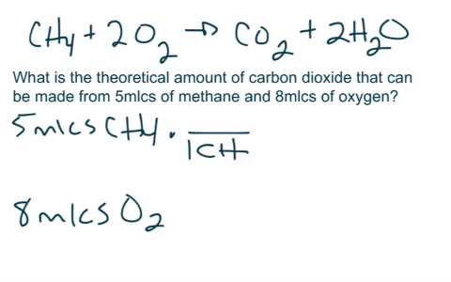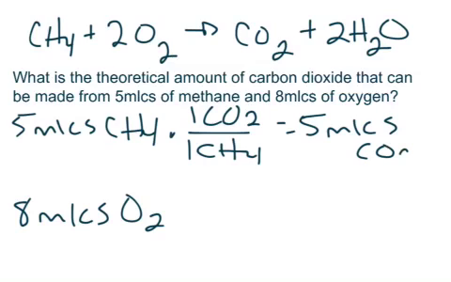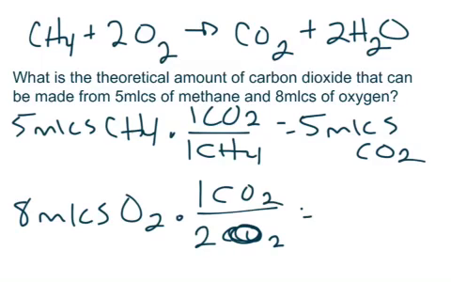So for every 1 methane, we can make 1 carbon dioxide, which means this could make 5 molecules of carbon dioxide. So the methane's capable of making 5. If we look at the oxygen, for every 2 oxygens, we can make 1 carbon dioxide. So that means the oxygen is capable of making 4 molecules of CO2.